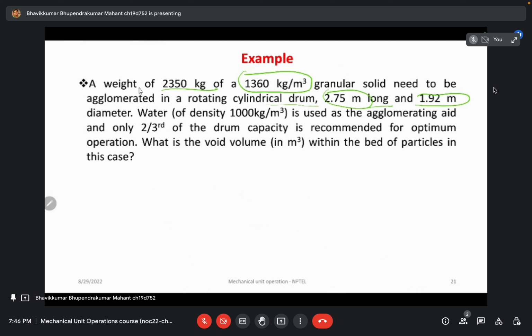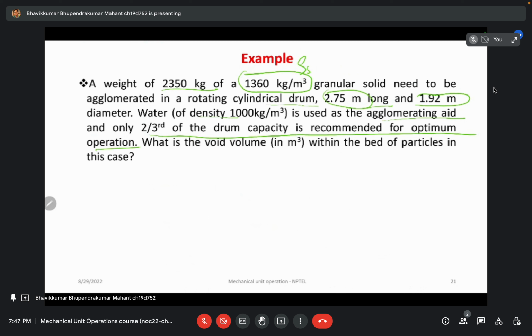Water density we always assume as 1000 kg per meter cube, used as the agglomerating aid, the binding material. And only 2/3 of the drum capacity is recommended for optimal operation.